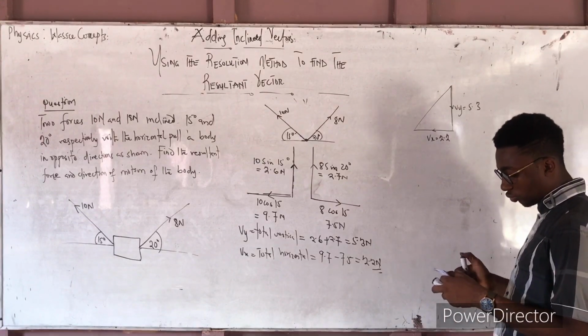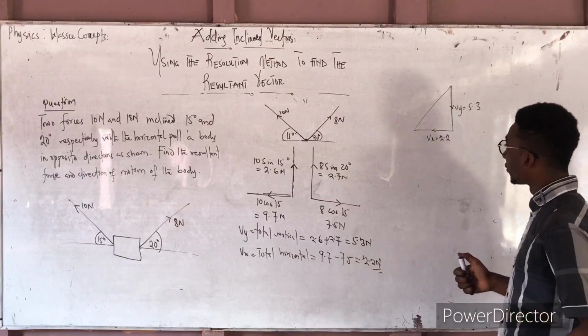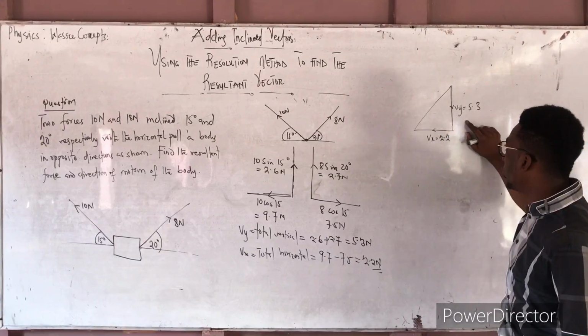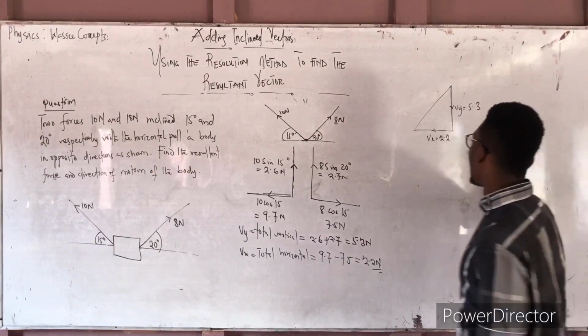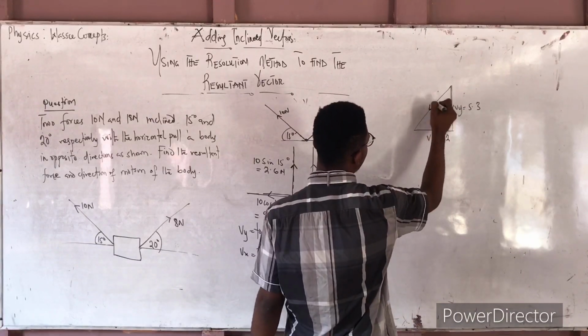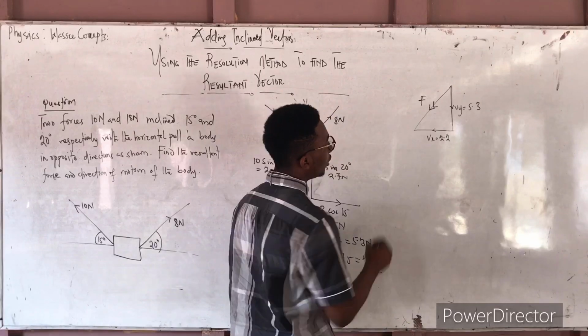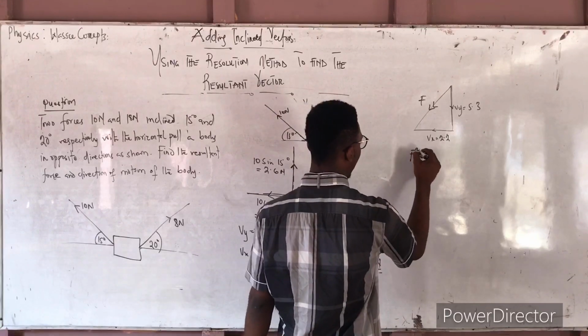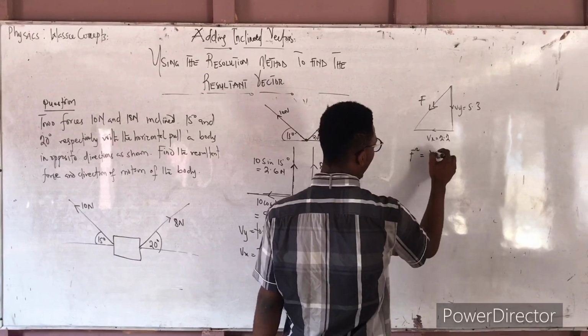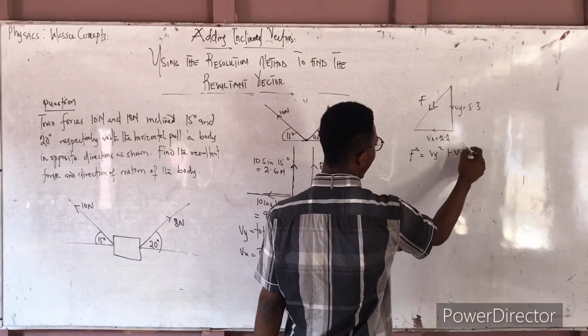Take note. Since your Vy is 5.3 and your Vx is 2.2, what you can do here is that your resultant force F, and the F squared is equal to Vy squared plus Vx squared.